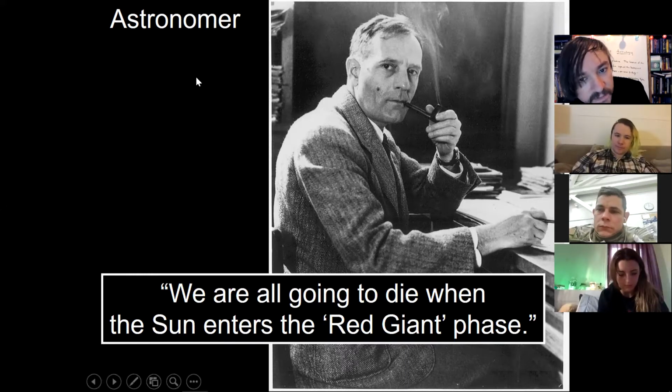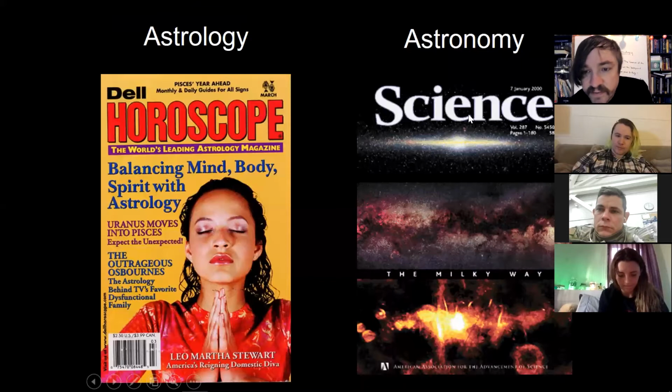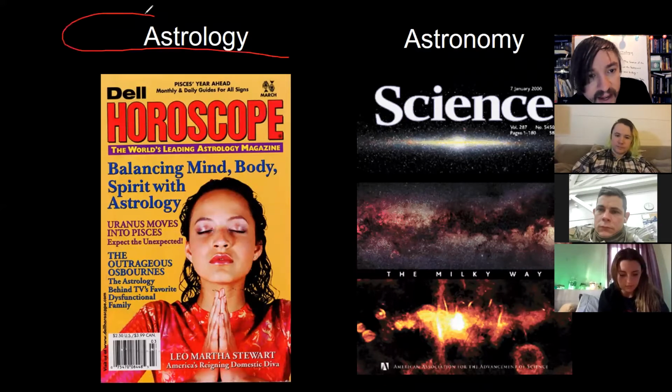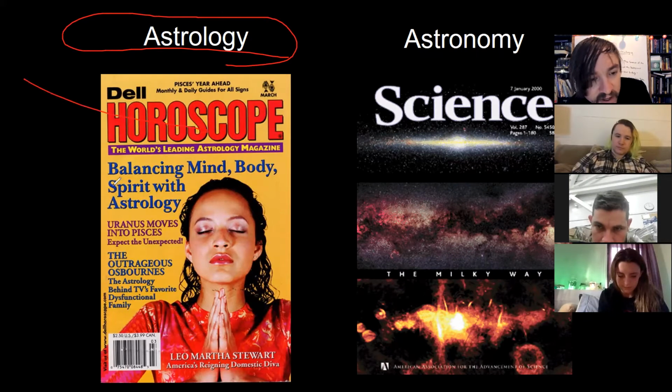And despite this, people get these things confused. You can read about astrology on your CoStar app or in your local newspaper or magazine. Astrology columns have all kinds of interesting things to tell you about how to balance your spirit and your body and your mind. And when Uranus moves into Pisces, expect the unexpected.